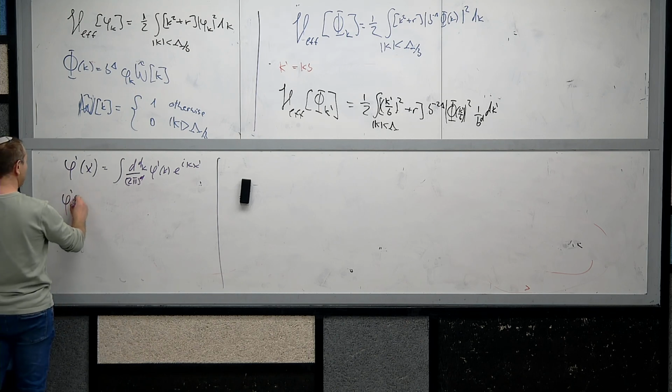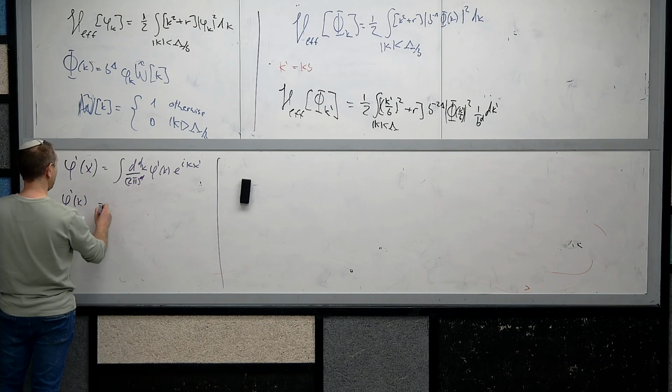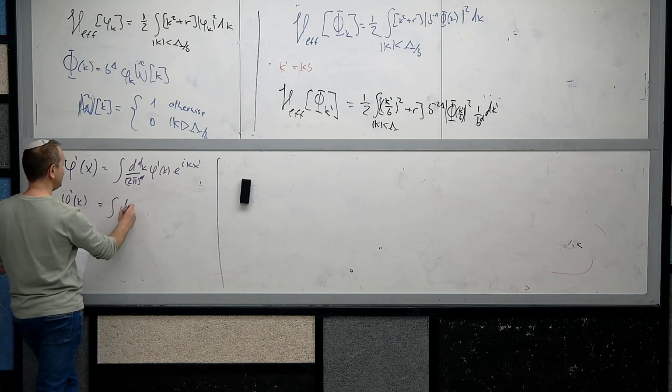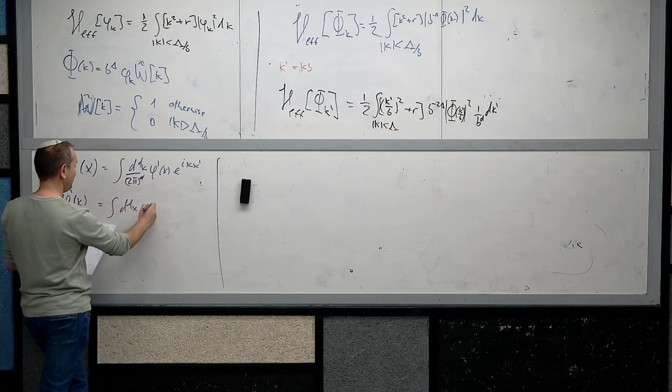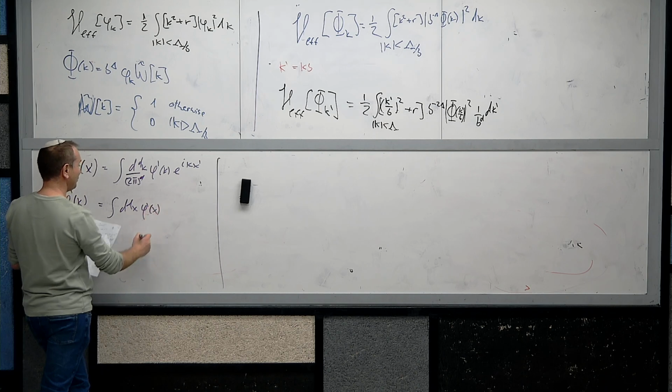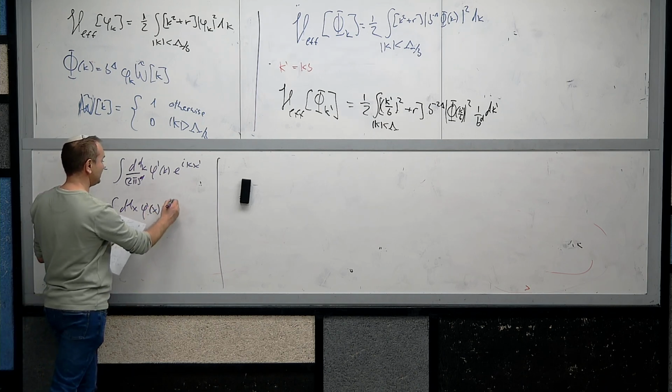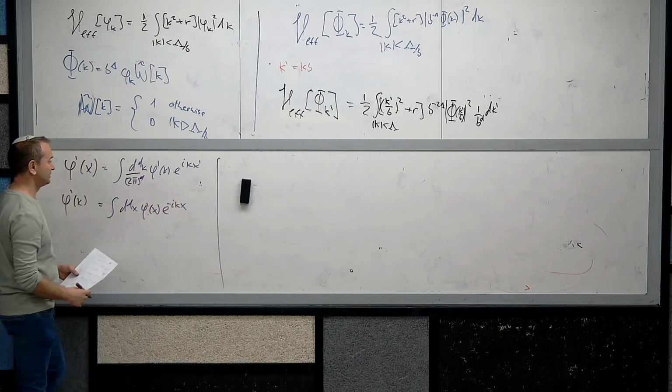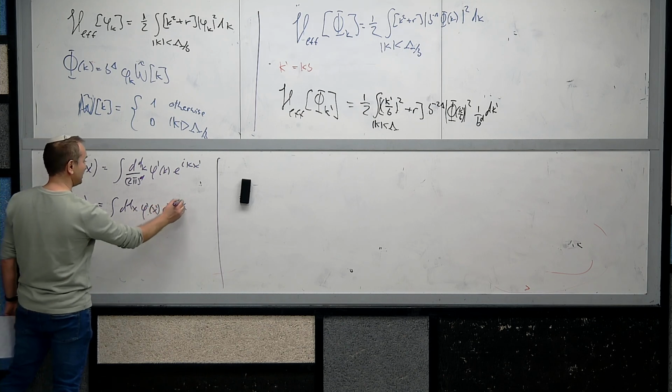The phi prime over k is an integral of d dx of phi prime of x, e to the minus I k x. So here I have x prime and x prime.